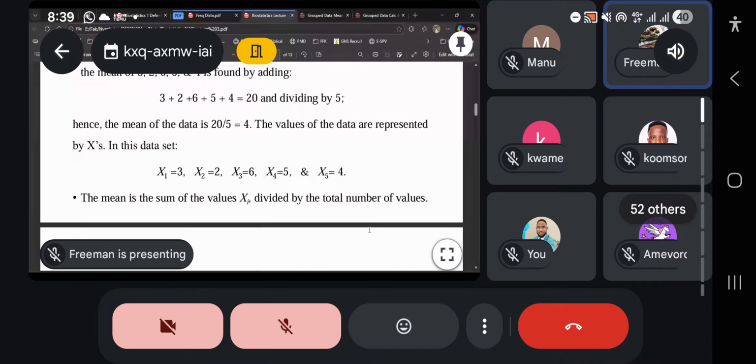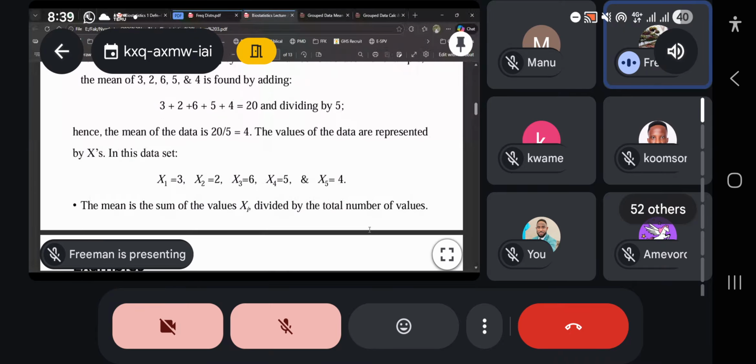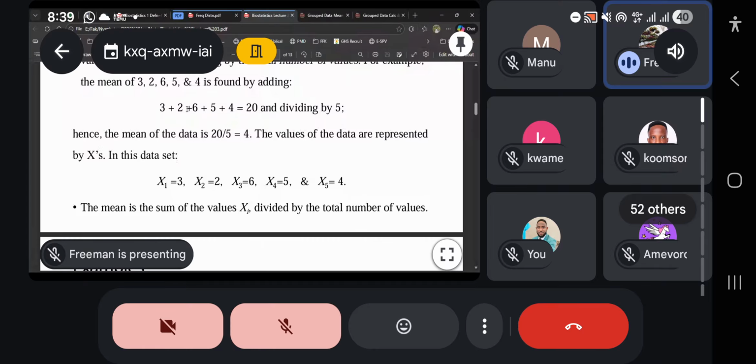Now, the values here, we say these are variables.